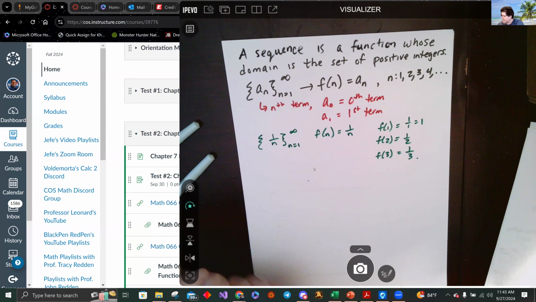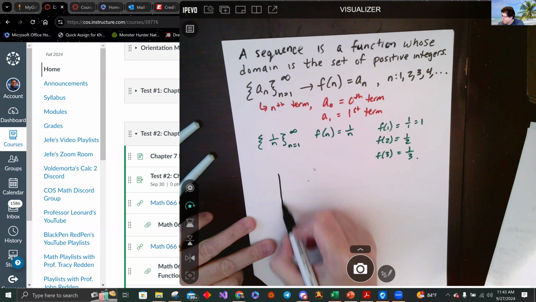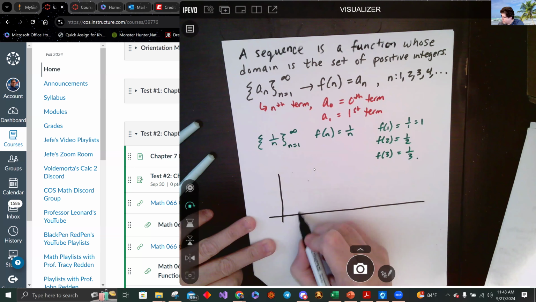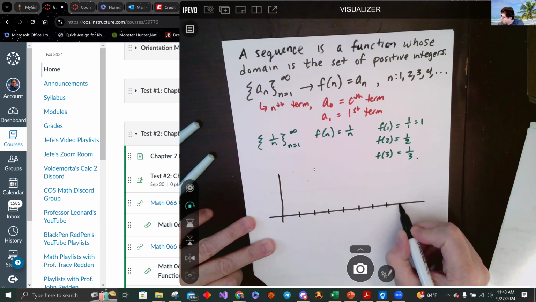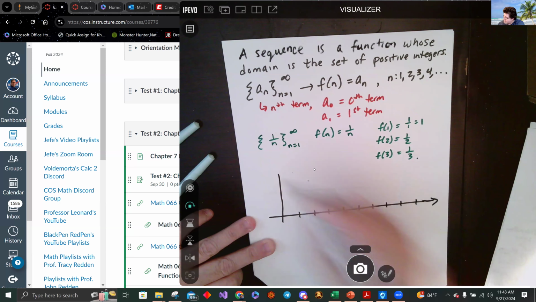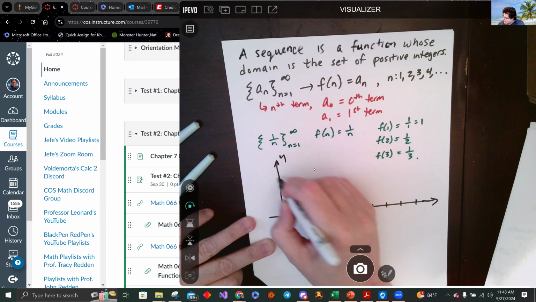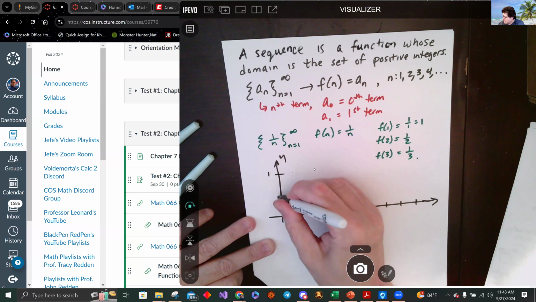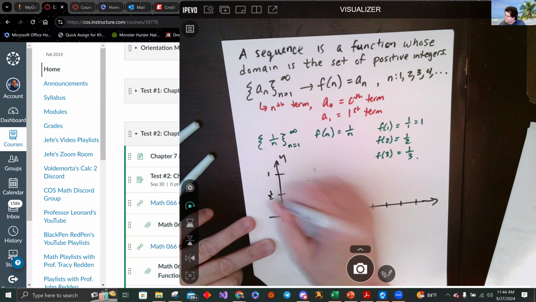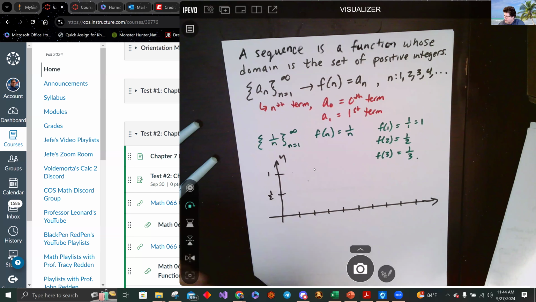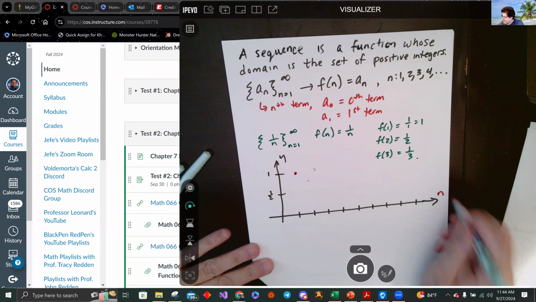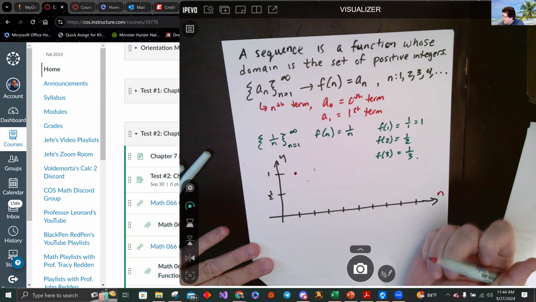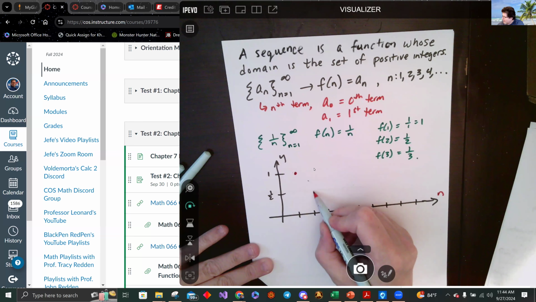And we could graph these. So n equals 1, we get a 1. So this is the n axis. And if I do n equals 2, I get 1/2.